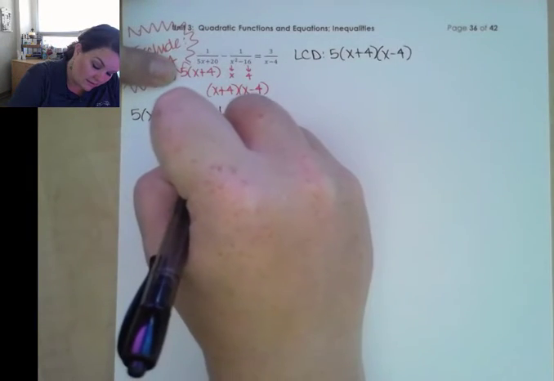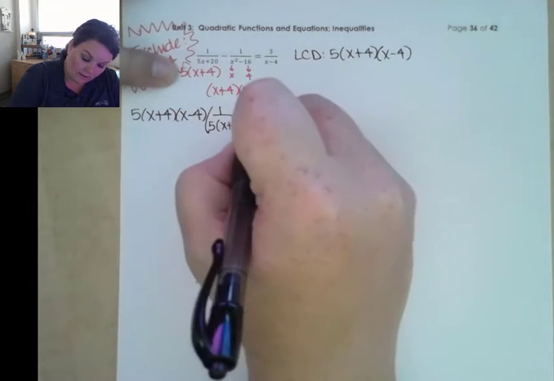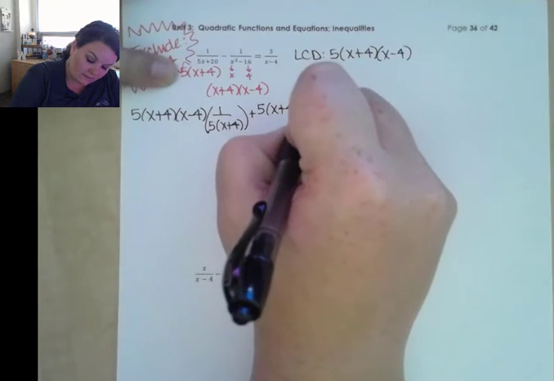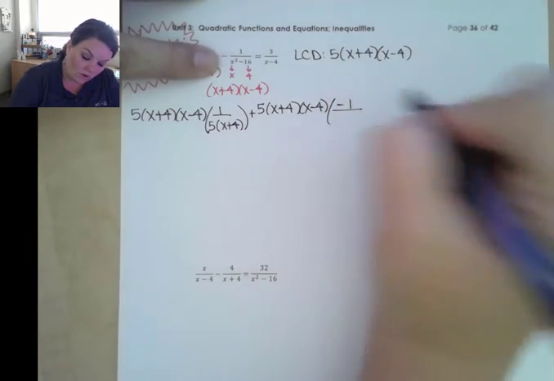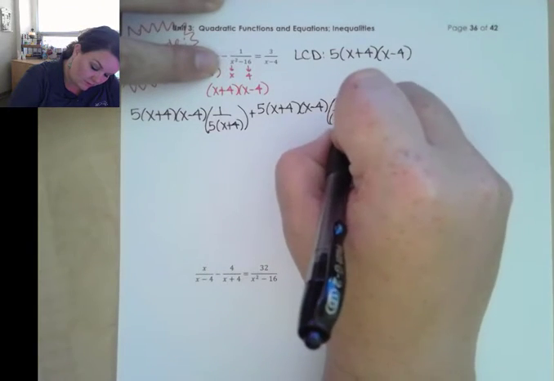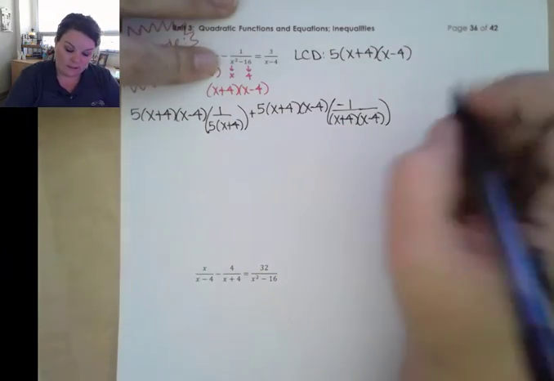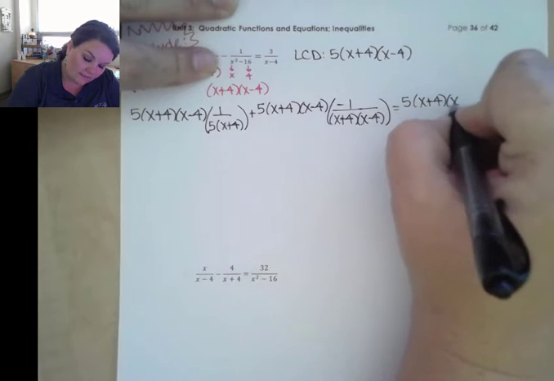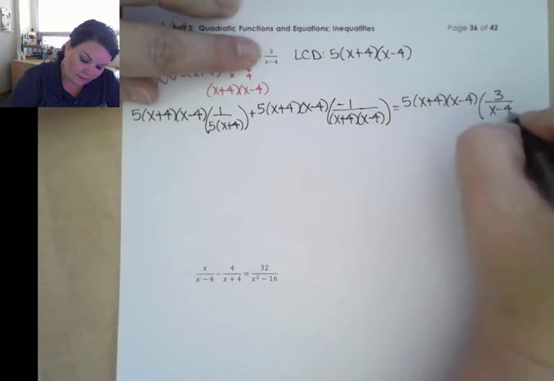So this denominator factored into 5 times x plus 4, and then I'm going to do 5 times x plus 4 times x minus 4 times my second term, which was a -1 over, and again I'm going to write this denominator in its factored form, x plus 4 times x minus 4, is equal to, again, 5 times x plus 4 times x minus 4 times my last term, which was 3 over x minus 4.